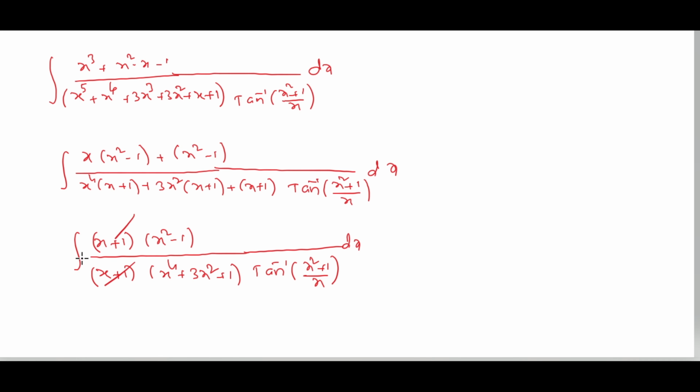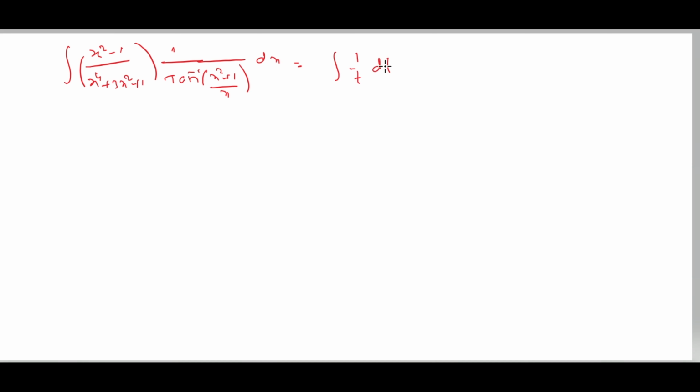Here x plus 1 cancels. So from this, integration of (x square minus 1) by (x to the power of 4 plus 3x square plus 1) into 1 by tan inverse of (x square plus 1 by x) dx: this value is taken as t and the (x square minus 1) by (x power 4 plus 3x square plus 1) dx value is dt, that is 1 by t into dt, equal to log t plus c.